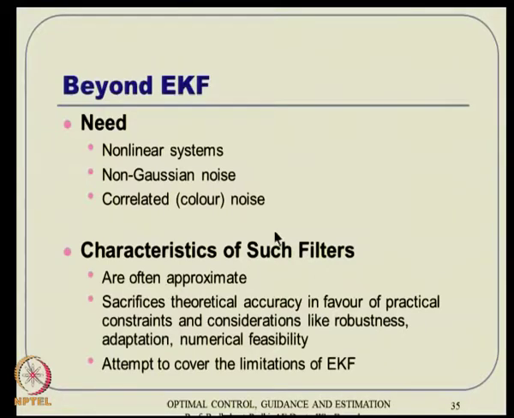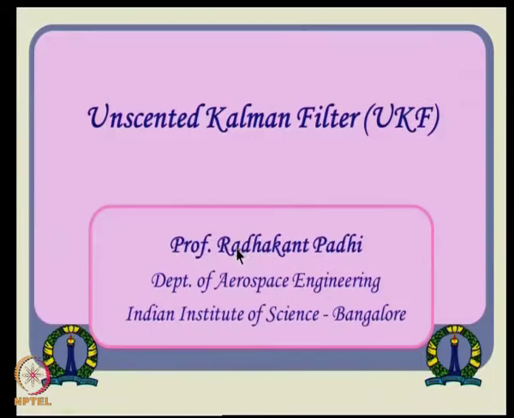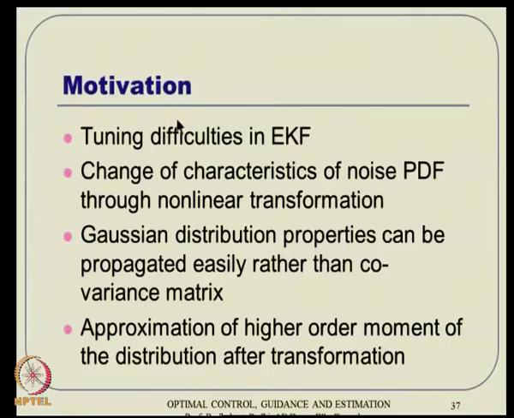Going too far beyond is not possible, but a little bit beyond is what is called the unscented Kalman filter; we can have a glimpse of that, not in a very detailed sense. The motivation is this: there are tuning difficulties of EKF, we know that. So can it be relaxed, can it be of lesser difficulty?